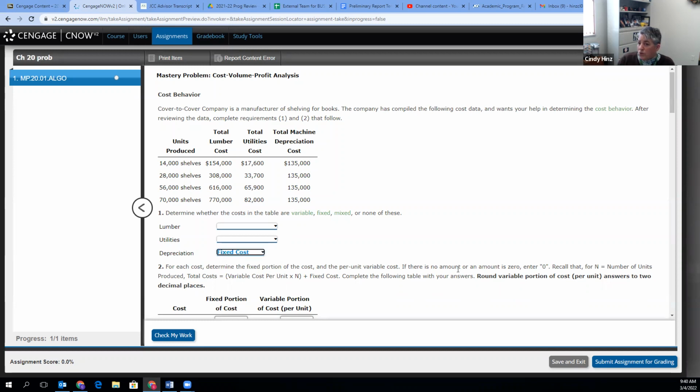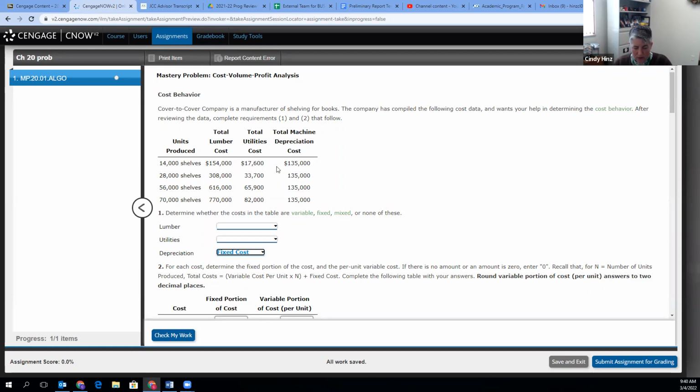Now the other two might take us a little bit more work to figure out. So the easiest way to check this is to see, as we go from 14 to 28,000 shelves, does the cost double? Is it double the number of shelves? Is it double the cost?